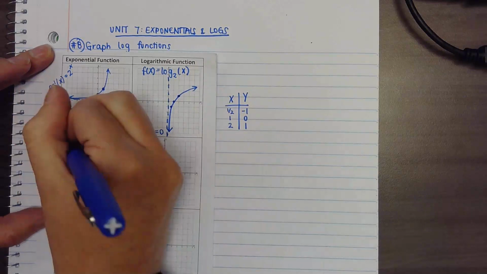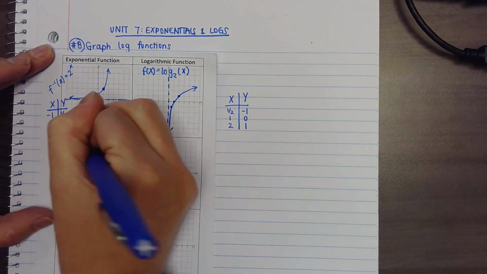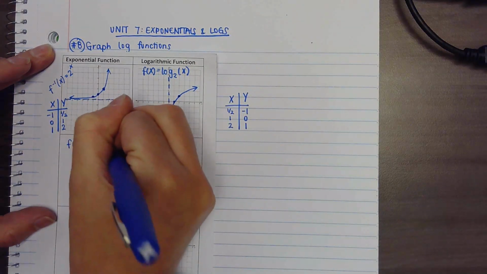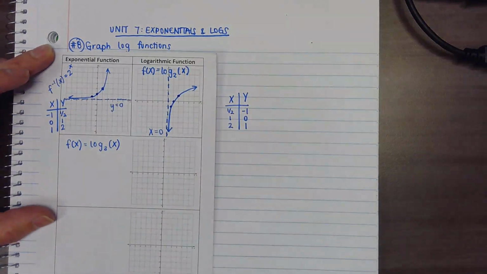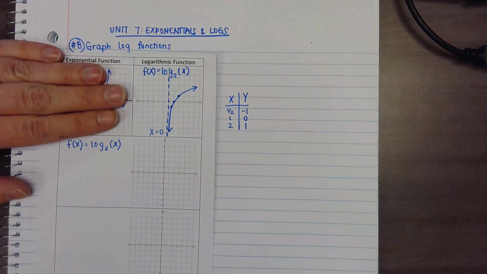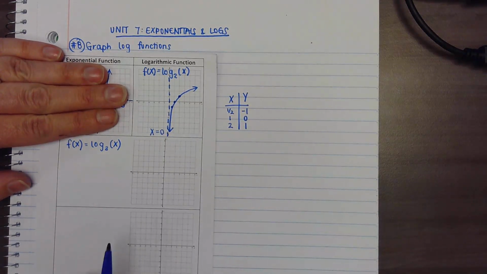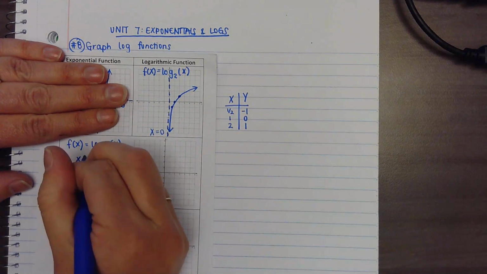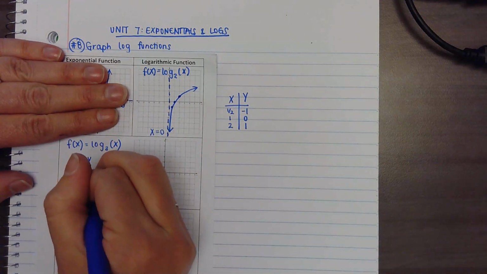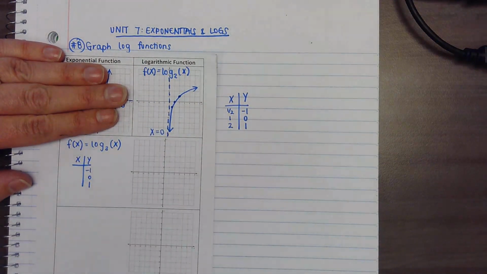Let's graph f of x equals log base 3 of x. I'm not going to go through the whole process that I wrote out for log base 2 of x. I'm just going to be thinking it in my head. So here we go. I'm going to make my table. I'm graphing a log, so -1, 0, 1 are my y's.